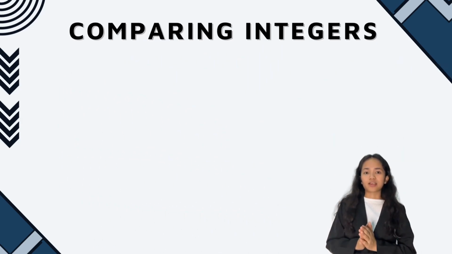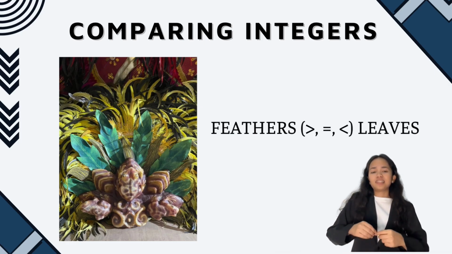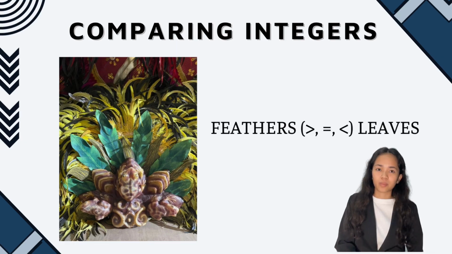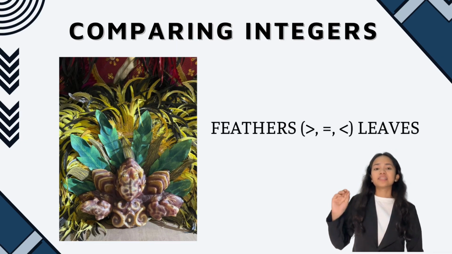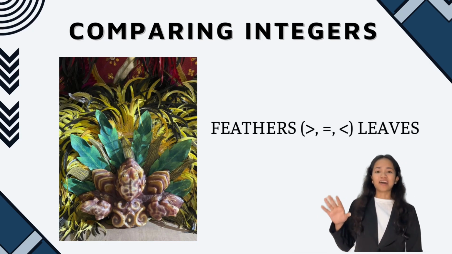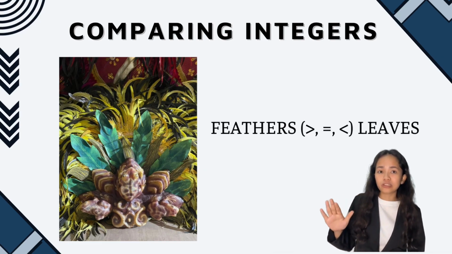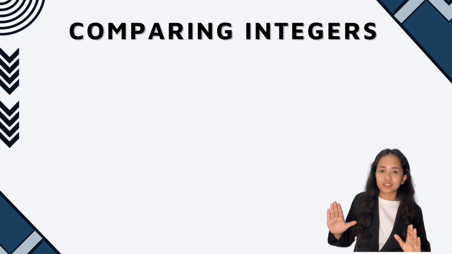Very good. Our next example is still the headdress of the tribe. What can you observe in the picture? Yes, we still have the leaves and the feathers. Are the leaves greater than the feathers, or are the feathers greater than the leaves?